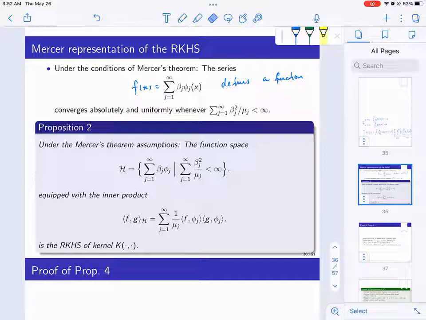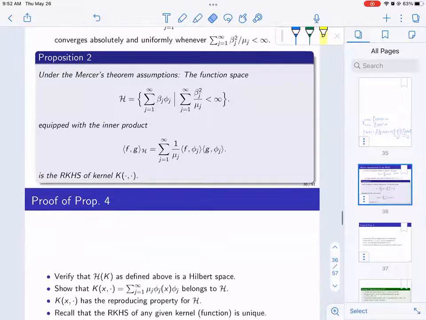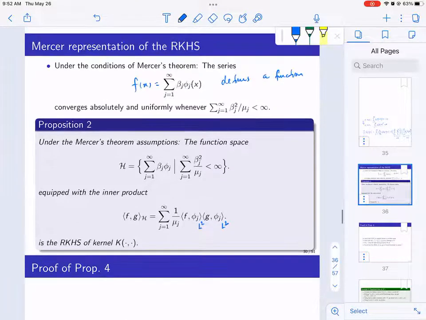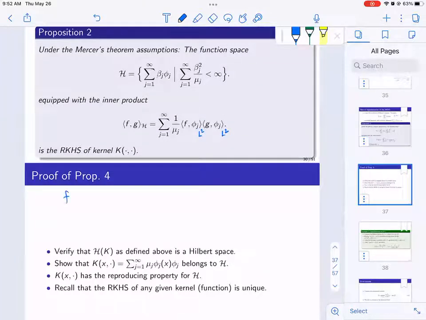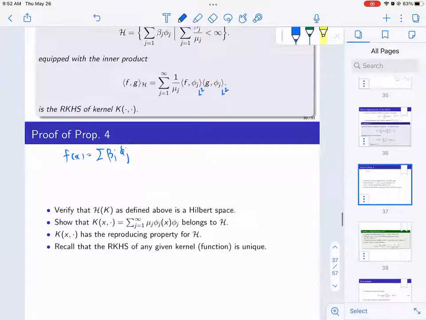What this is saying is that these are in L2. So if f is like that, with f of x equal to the sum of beta j phi j, then it's easy to see the inner product of f and, let's say, phi i in L2, what would it be?